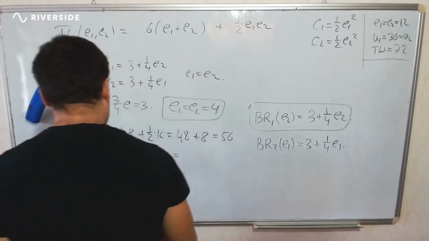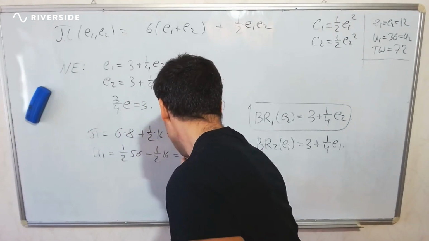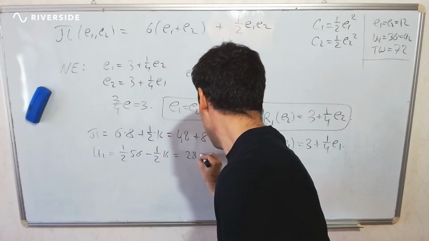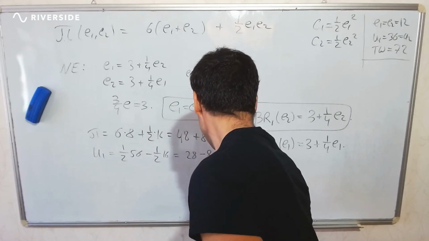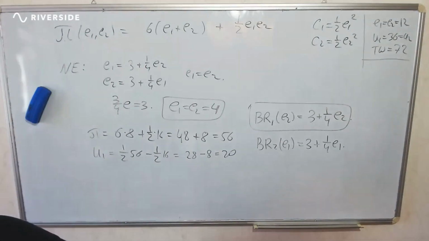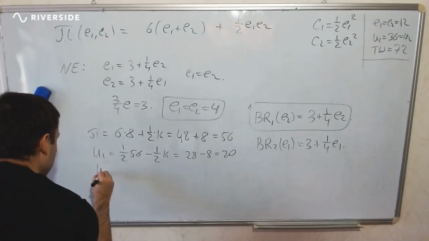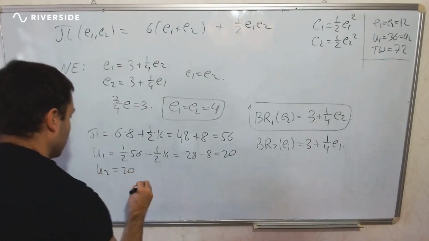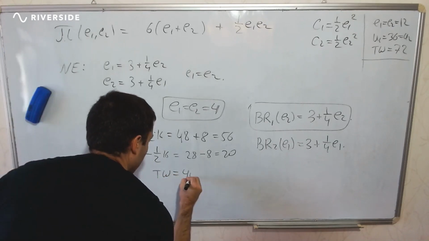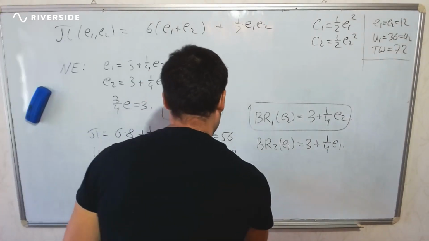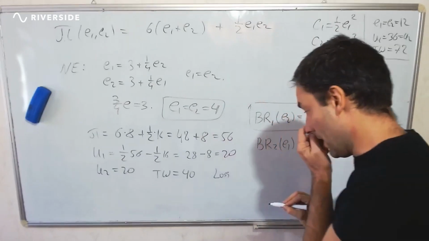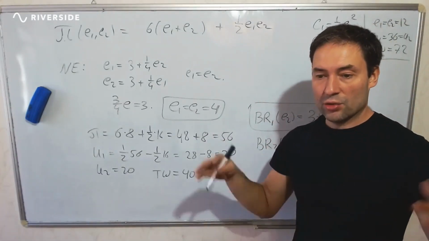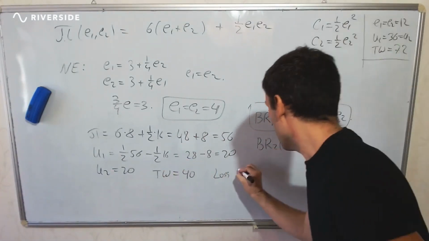So 56 by 2 must be 28 minus 8. So utilities are just 20. So obviously U2 is also 20, and total welfare now is 40. So we see that once agents start acting in their own interest, together they lose 32.